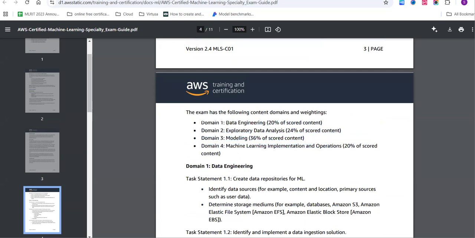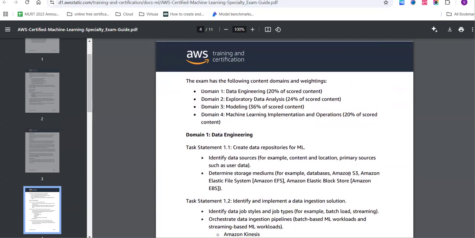First one is data engineering. In this data engineering domain, the questions come on storage services like S3, EFS, EBS. So you must have knowledge of these services as well as how to ingest the data into these storage services.